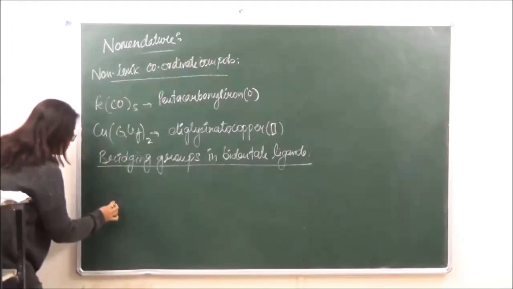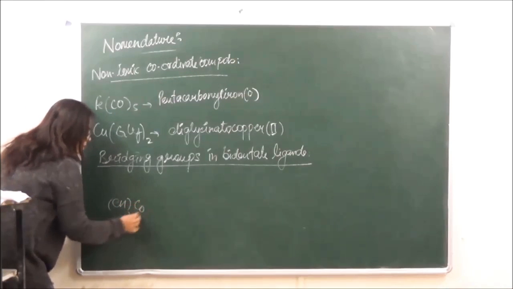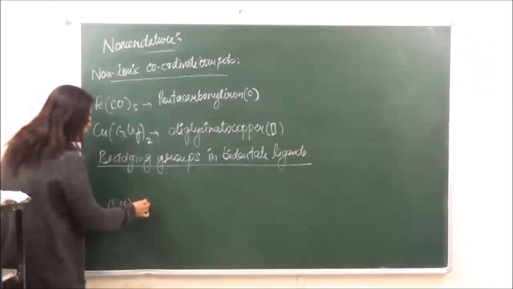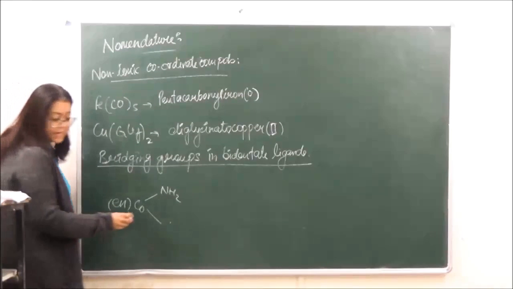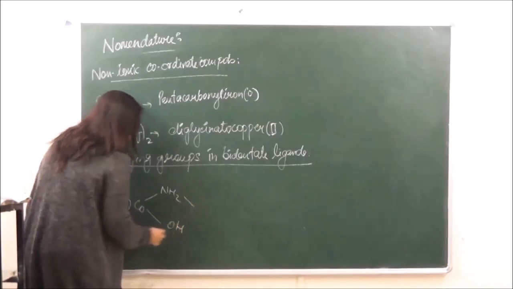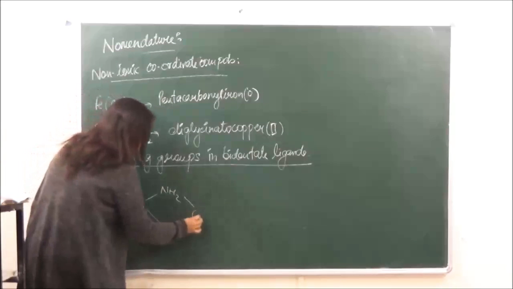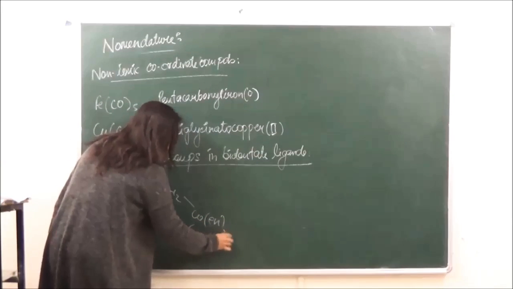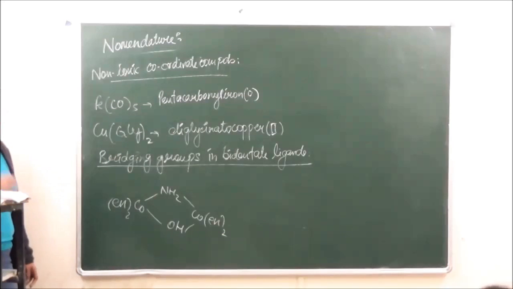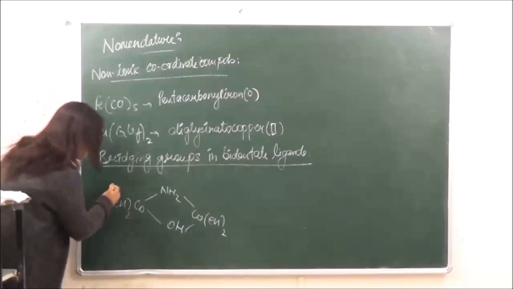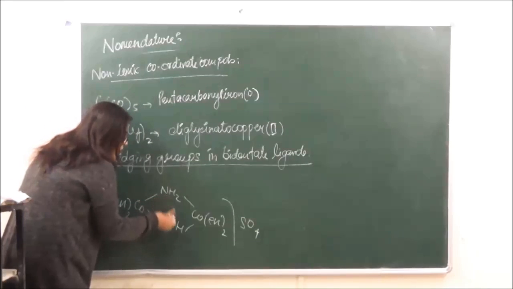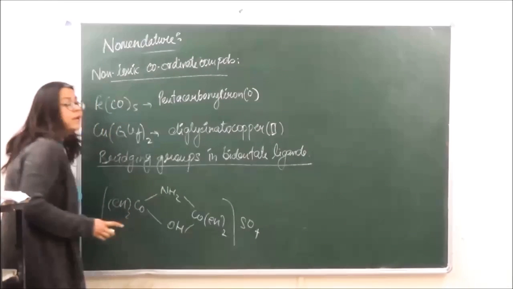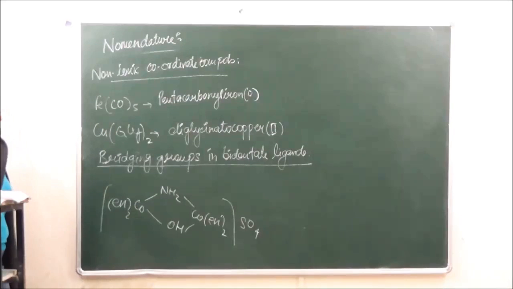Bridging means that we have, let's take an example: cobalt, and then we have 2 ligands which are bridging between 2 different metals. Okay, so over here, how are we going to name this? This is our compound, sulfate. These are known as bridging ligands. So in front of the bridging ligand, we are going to use a prefix mu, right?